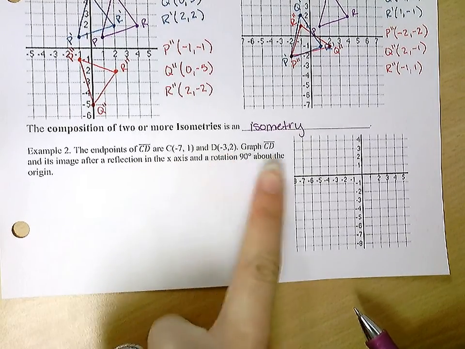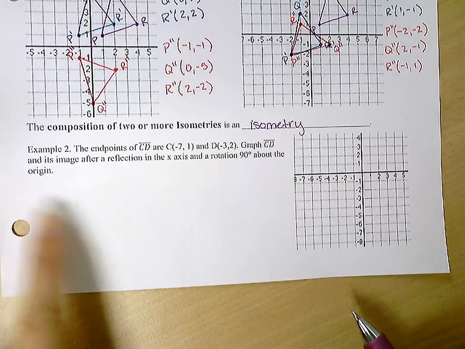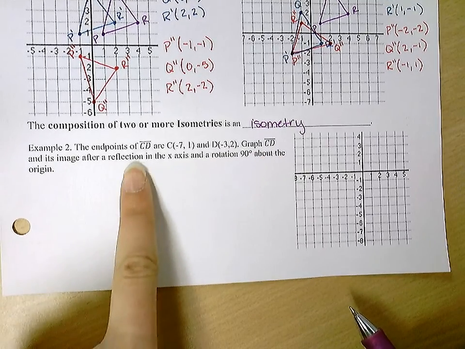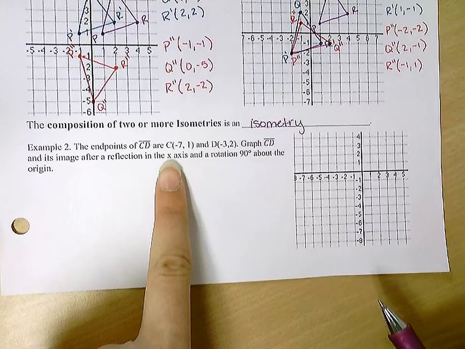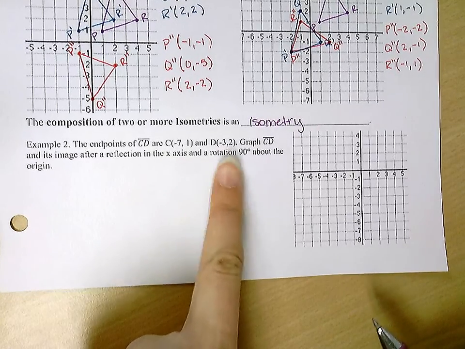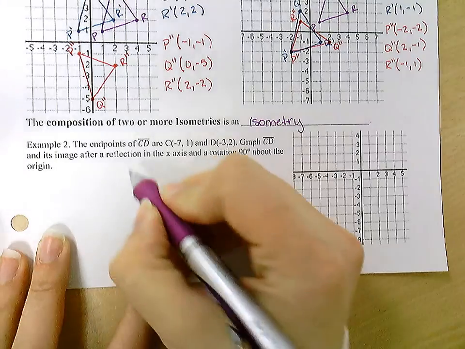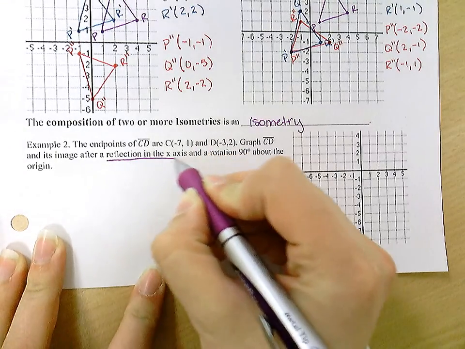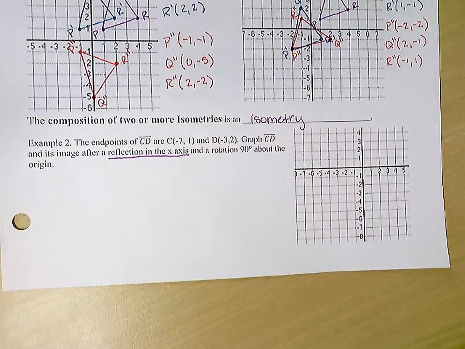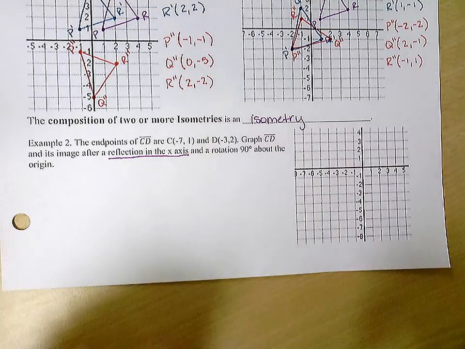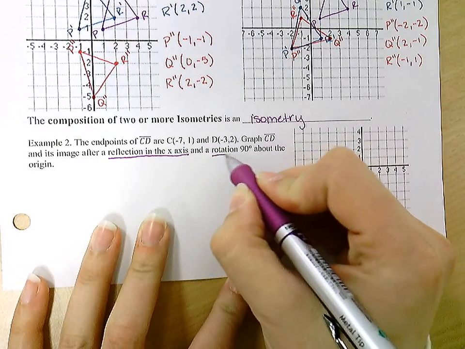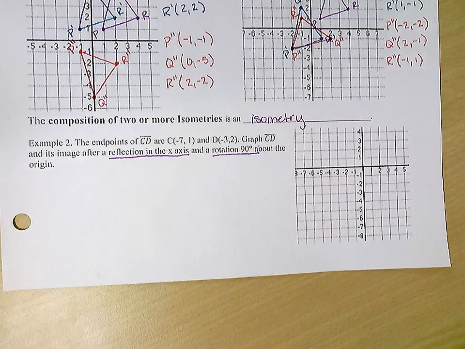Our coordinate points are right here. We want to graph that segment and its image after a reflection first in the x-axis, and then a rotation of 90 degrees about the origin. So it's listed that we need to do the reflection first to that pre-image, and then a rotation of 90 degrees second.